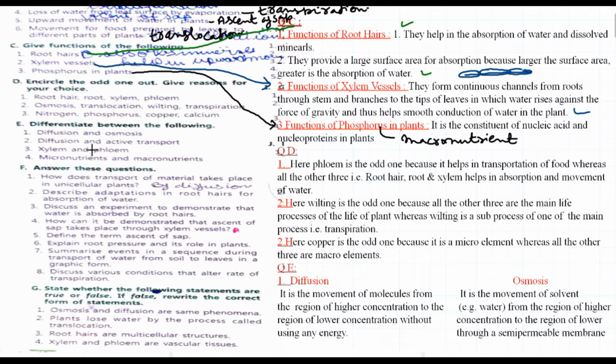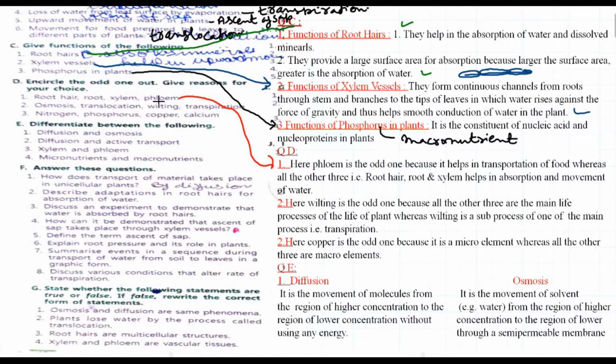Here is question D, and this is the first part. Encircle the odd one out, give reasons for your choice. We have to pick out the odd one: root hair, root, xylem and phloem.